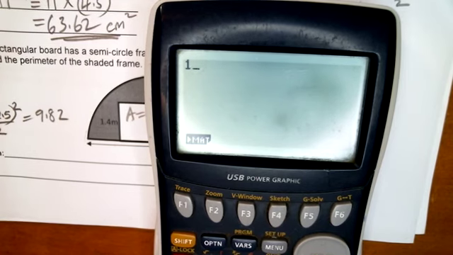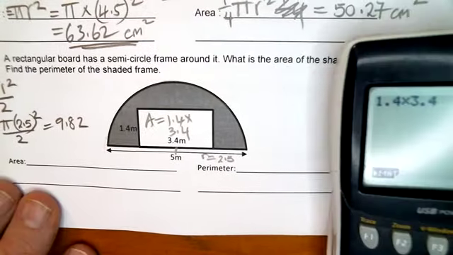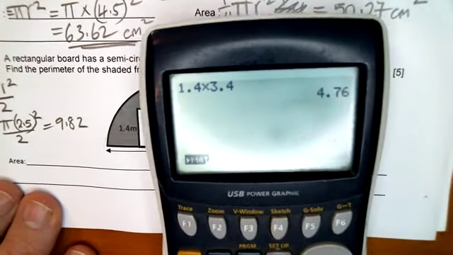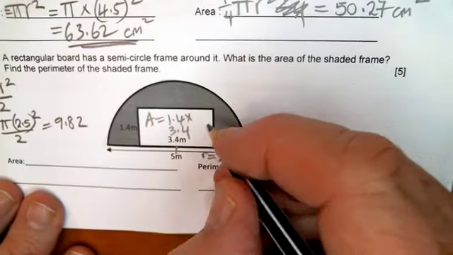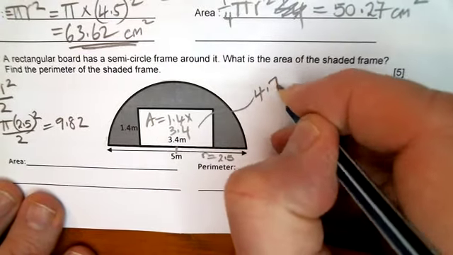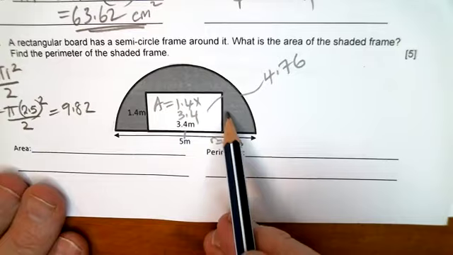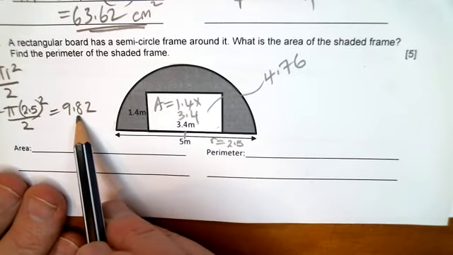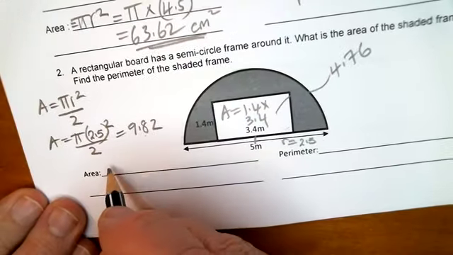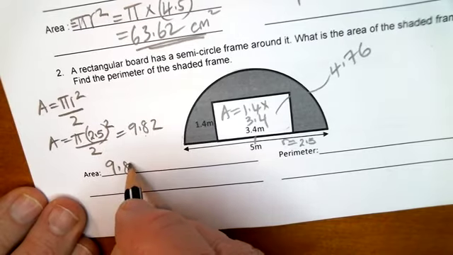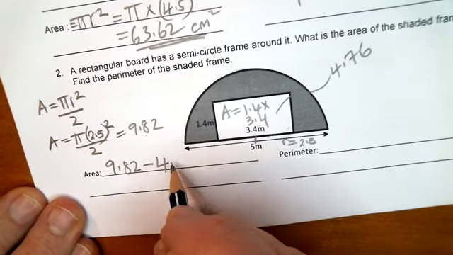Okay, so 1.4 times 3.4 is 4.76. So we're going to subtract this area here from this larger area here. So the area is equal to 9.82 minus 4.76.